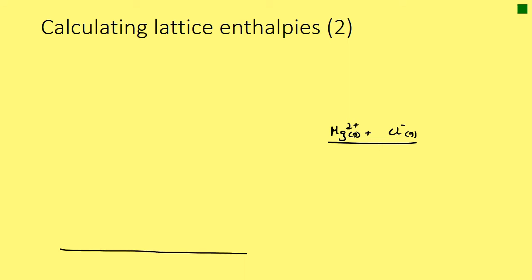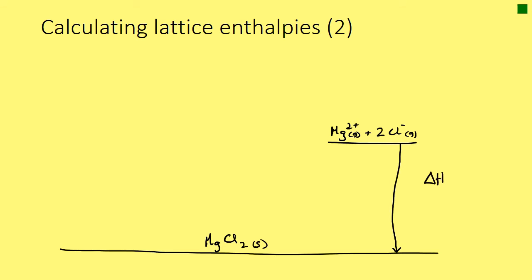So at the bottom, we're going to draw our MgCl2 solid, and that means we need 2 chloride ions. When those gaseous ions make magnesium chloride solid, that is our lattice enthalpy of formation of magnesium chloride. That's what we want, and we need to use this Born Haber cycle to find it out.